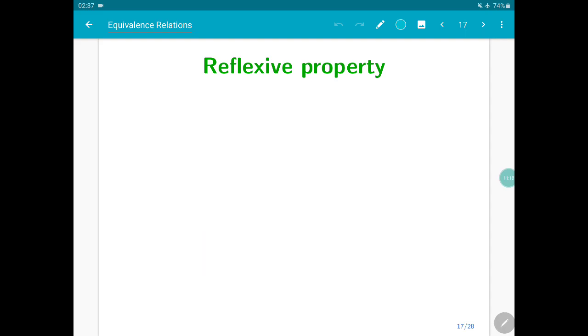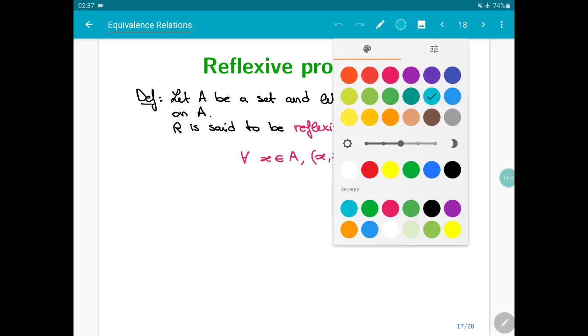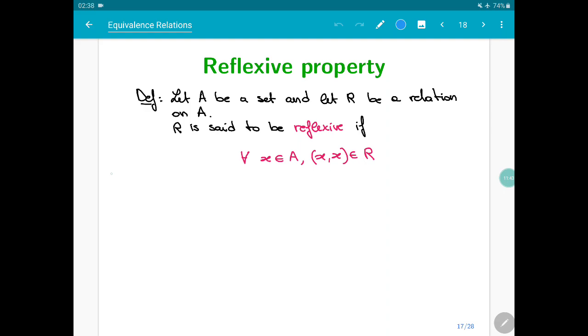So let's start from the reflexive property that I have rewritten here. Okay, so remember, given a set A and a relation on A, R is reflexive if for all elements of A, the pair (x, x) belongs to R. So I want to make here a quick remark. Remember, we saw in class what is the identity relation on A, okay?